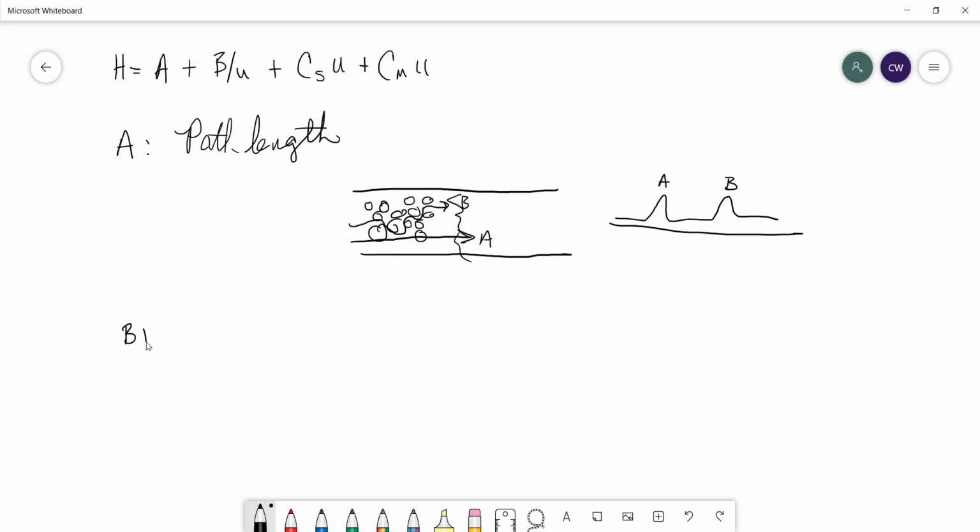B is diffusion, which we just talked about, okay? So I don't think we need to go over that much more.